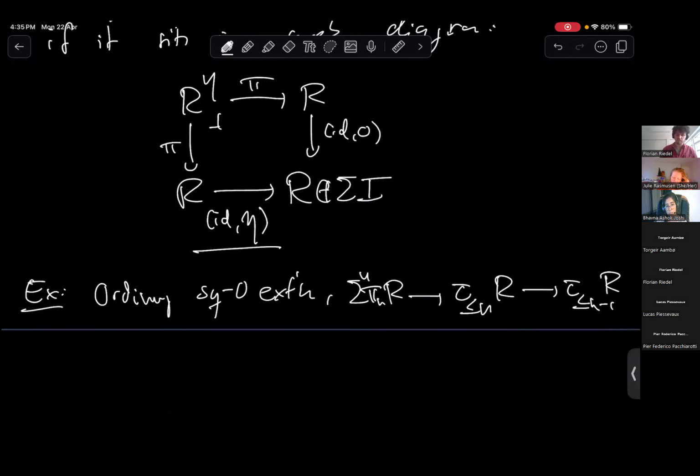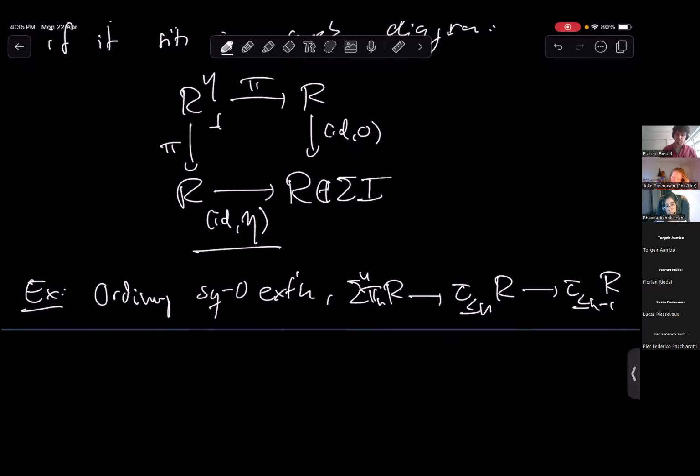There's the functor from the connective algebras to, let's say, Cat infinity, which takes a connective ring to the category of connective R modules.